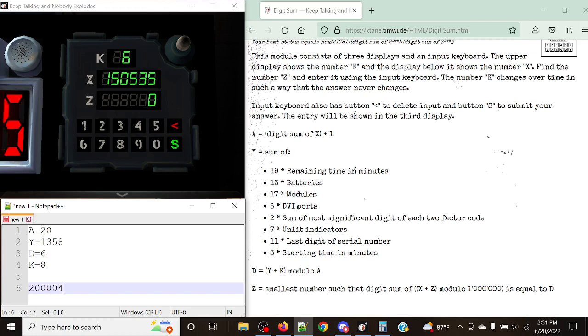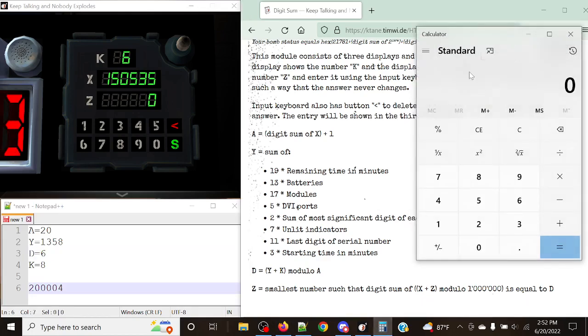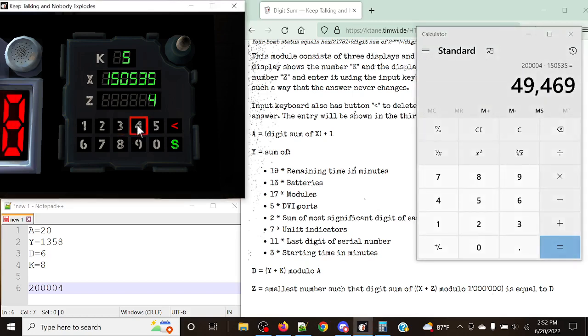So now, we want to figure out the digit sum of this. And this one actually should be pretty easy to figure out. We have our total of 200,004, which gives us the first digit sum of 6. So now, let's see what this does for us. 200,004 minus X-ray, in this case 150,535, is going to give us a total of 49469.